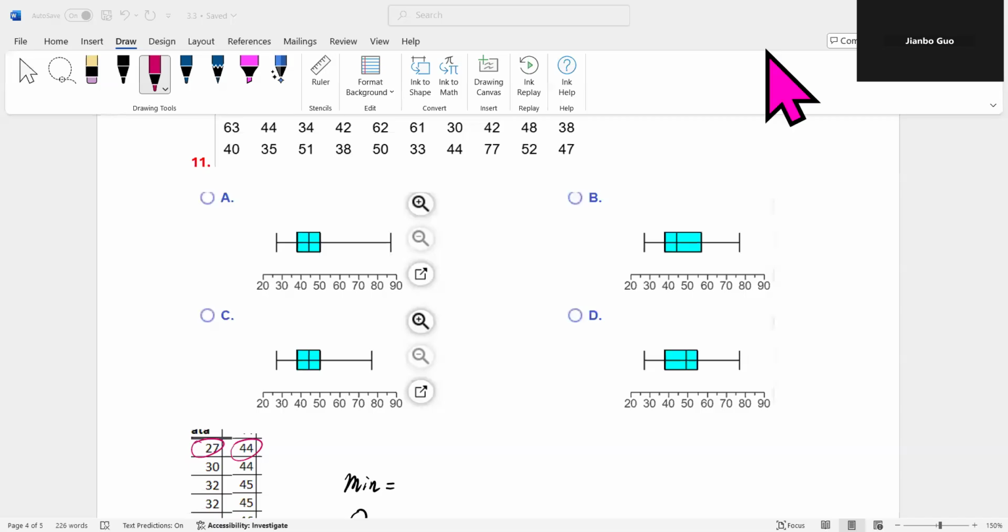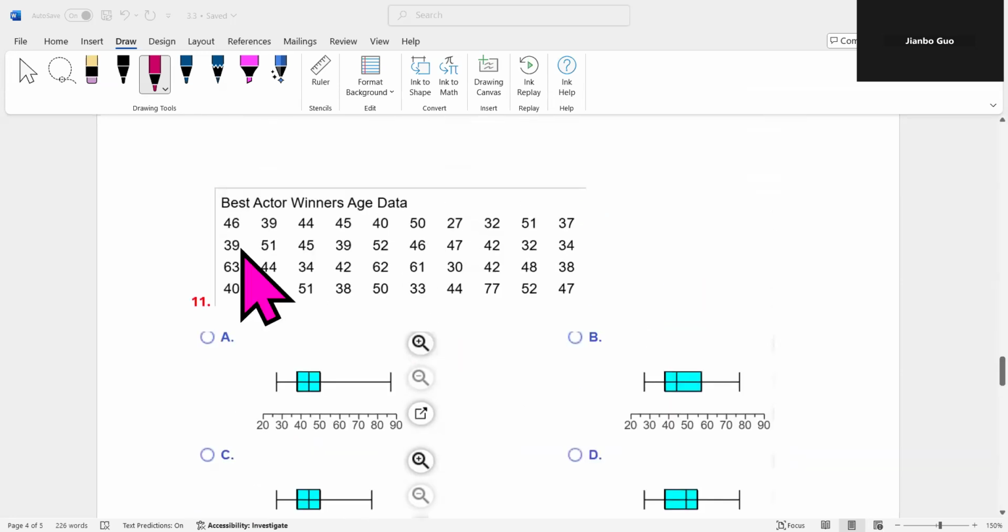Hello class. In this video, I'm going to show you how to create the box plot based on a given data set. In this problem, the given data set has 40 values. Unfortunately, those 40 values are not sorted.